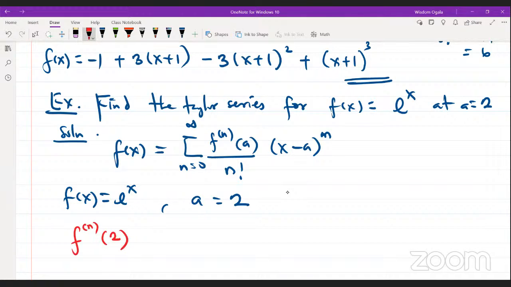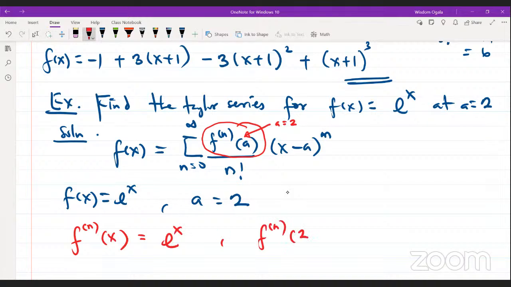Now that means I'm interested in this guy when my a is 2, right? Now, because I know the exponential function is never going to change, if I differentiate it many times, it's still going to be the same thing. So what is going to be f to the n of 2? E squared.